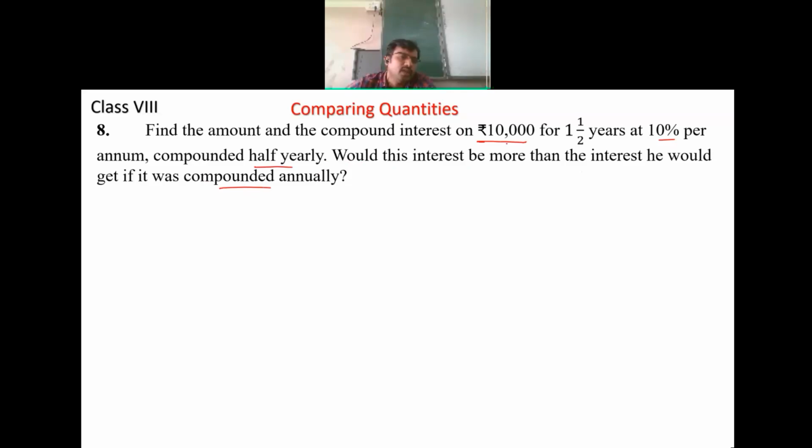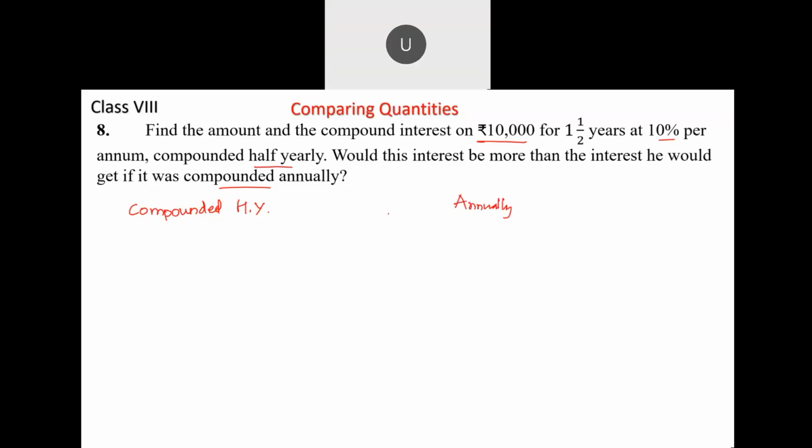So in this question also we have to find for both half yearly and annually. The first part is compounded half yearly. The second part is annually. So two parts are there here.